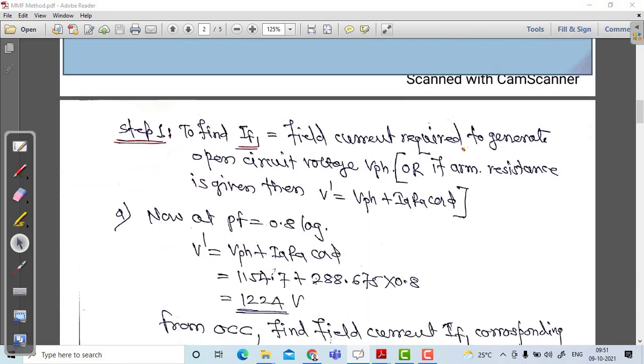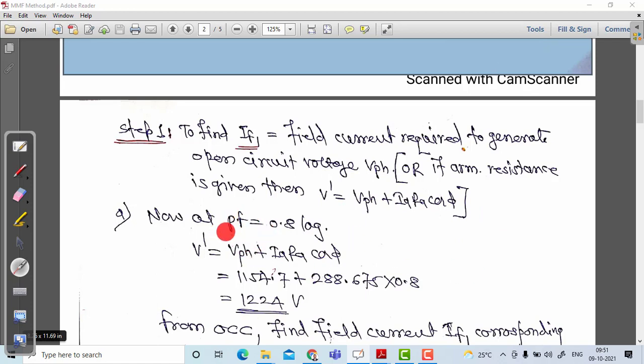See step 1, to find If1. What is the field current If1? That is nothing but the field current required to generate the rated open circuit voltage per phase. The rated open circuit voltage per phase is 1154.7, or if the armature resistance is given, then we have to find V dash equals Vph plus I Ra cos phi.